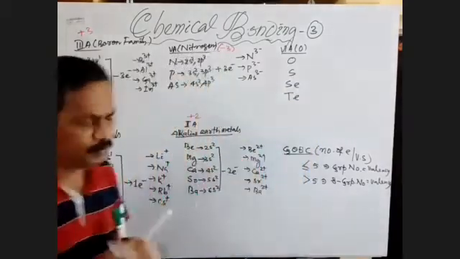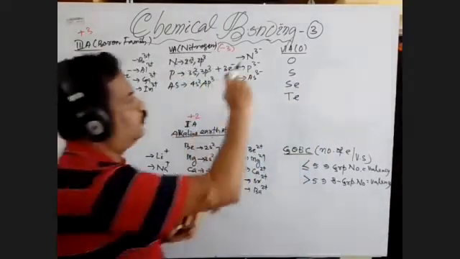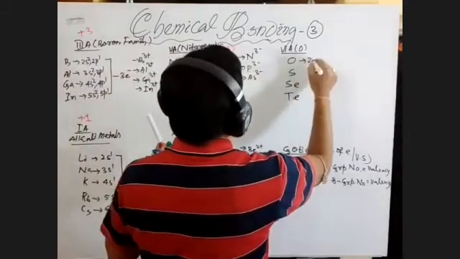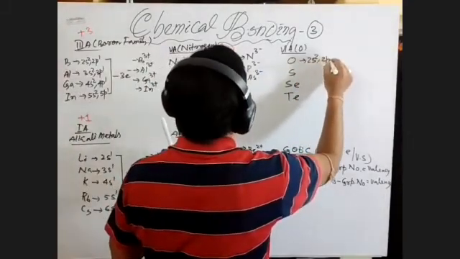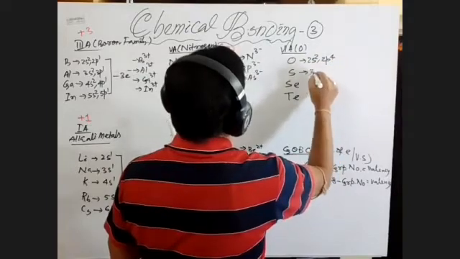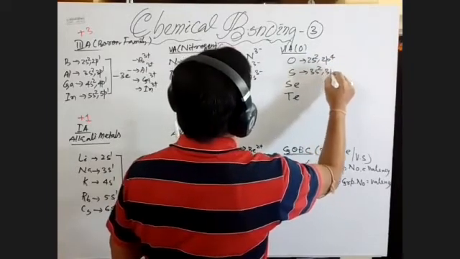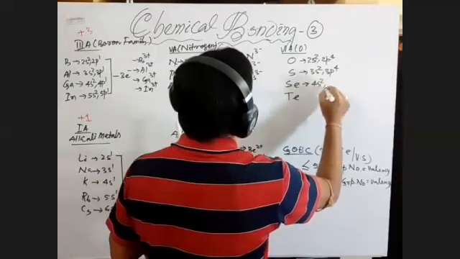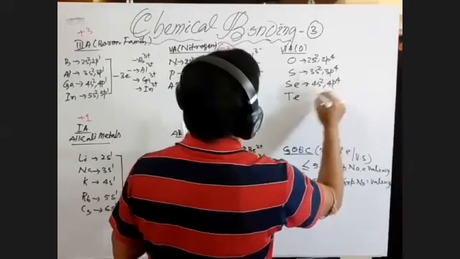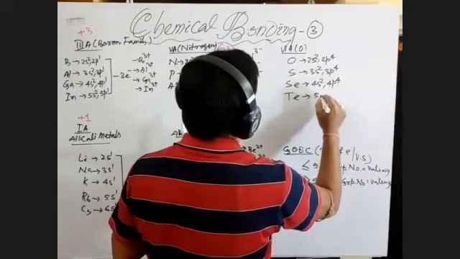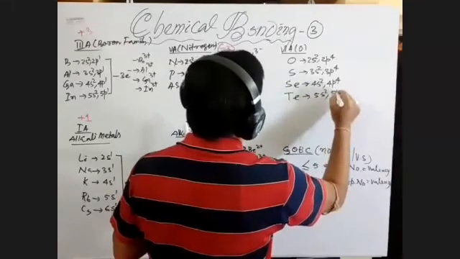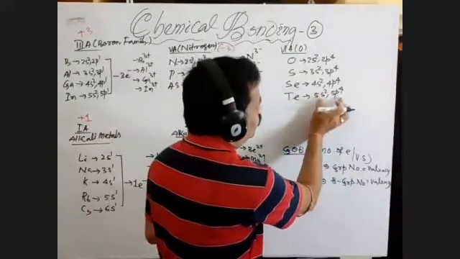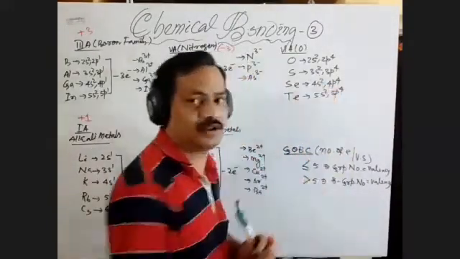The oxygen configuration is 2s2, 2p4. Next 3s2, 3p4. Next 4s2, 4p4. Next 5s2, 5p4. So how many electrons do they have in their outermost shell? They have 6 electrons in their outermost shell.